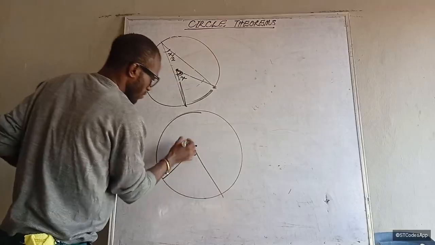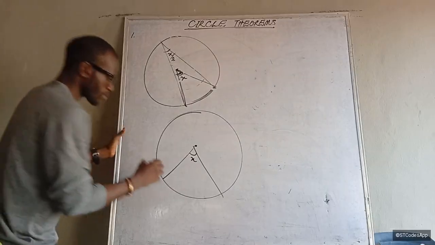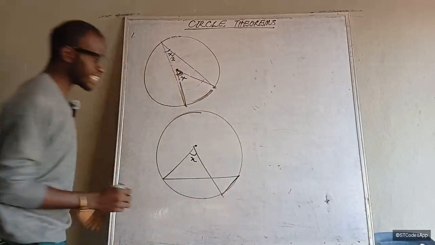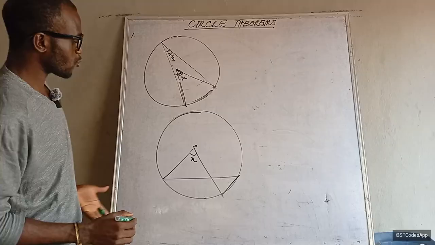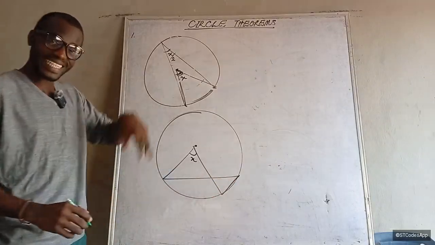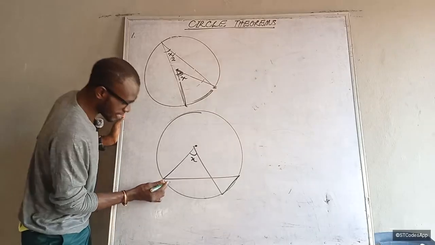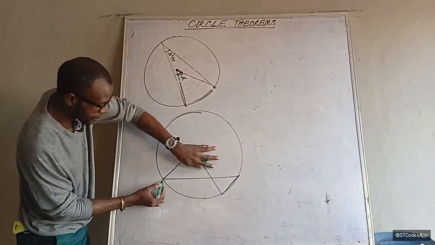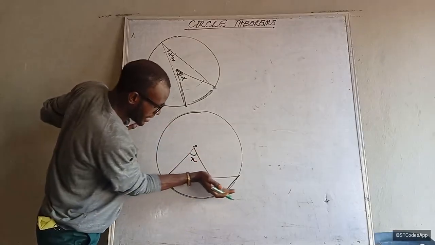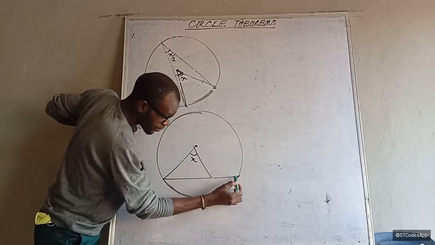So they will give you the center, they give you an angle x here, for example. Now, they will give you something like this. This is difficult to tell because you are not sure that this is the angle subtended at the circumference, but it's the same. Watch. All you need to do is eyeball this. Notice that it is this arc that went inside here and gave us an angle here.